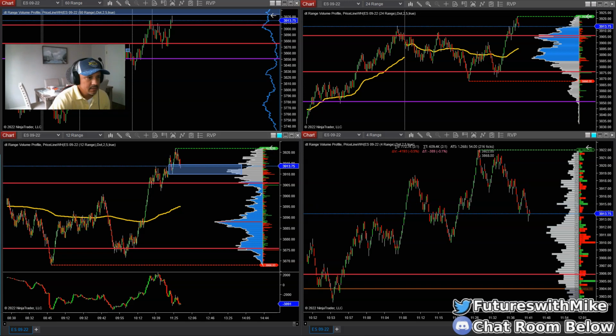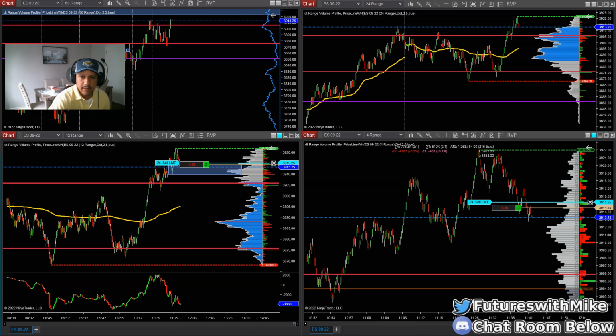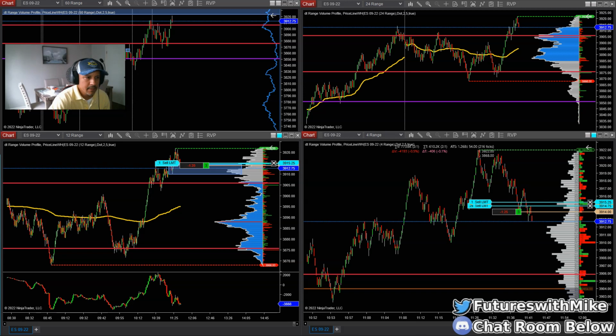This is kind of rejecting this area here. I'm going long. Going long for a quick scalp here, rejecting this area. Okay. Come on.